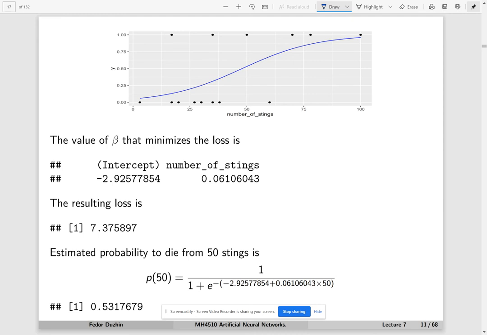So notice that, strictly speaking, 3 observations are still misclassified, right? This and this are misclassified. Now this observation is classified correctly because the probability here is slightly more than 0.5, right? So this is classified correctly.